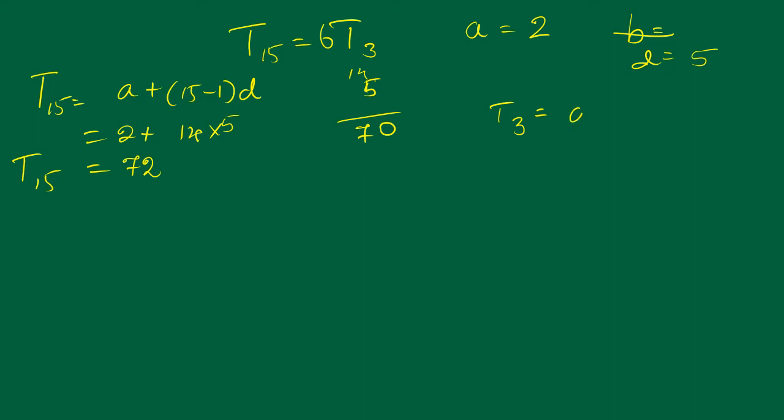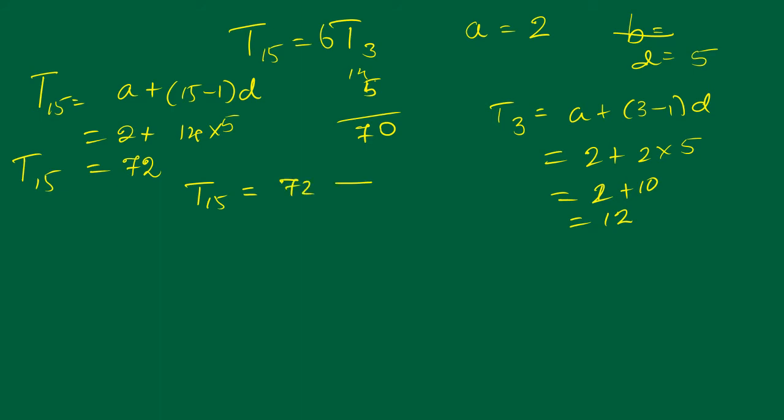And you can get t3 is a plus 3 minus 1 into d, that means 2 plus 2 into 5, then you get 2 plus 10, that is 12, right? And here you get t15 is 72. This is the third one, and t3 is 12, and this is the fourth, right?